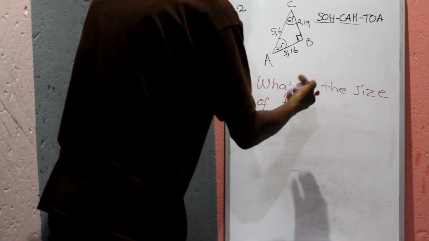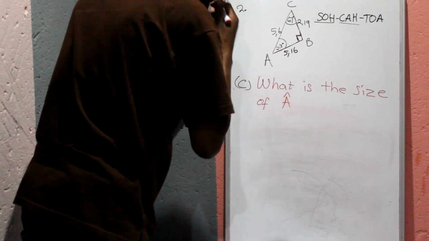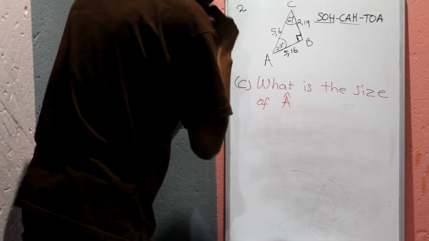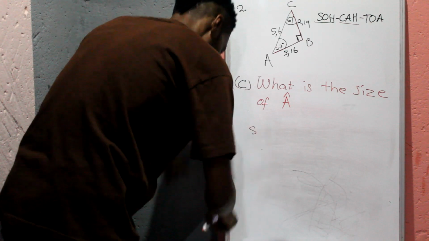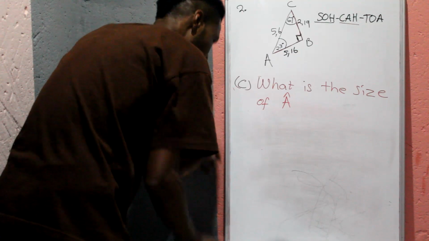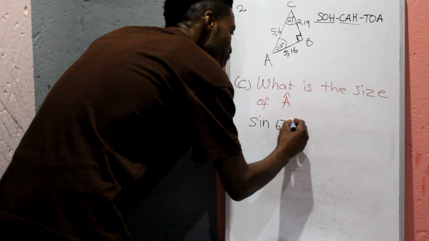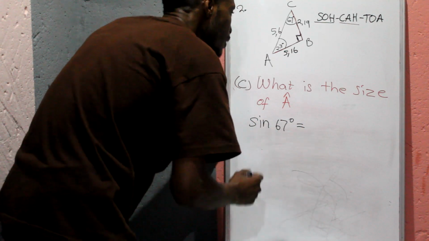Let's take, for instance, that we use the opposite side as BC.